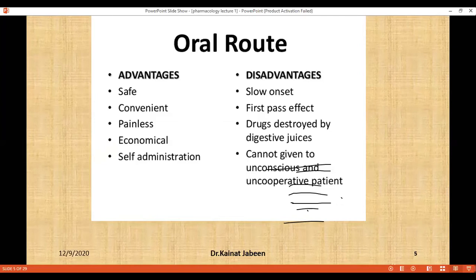So that's why it's a disadvantage. Drug destroyed by the digestive juices. Yes, HCl is the main one that is going to destroy the drugs. The last one: it cannot be given to an unconscious and uncooperative patient. So for the person who is unconscious, for example, anyone who is vomiting, you can't give the medicine to that person.